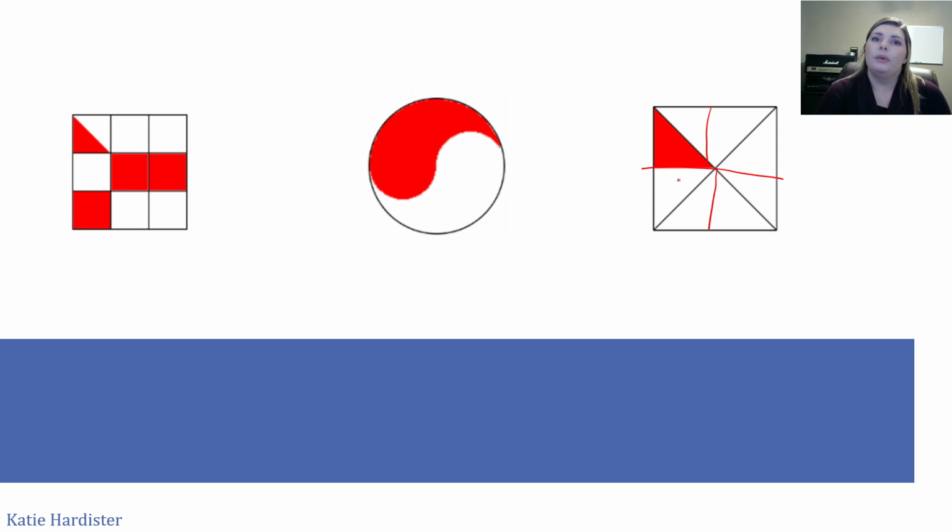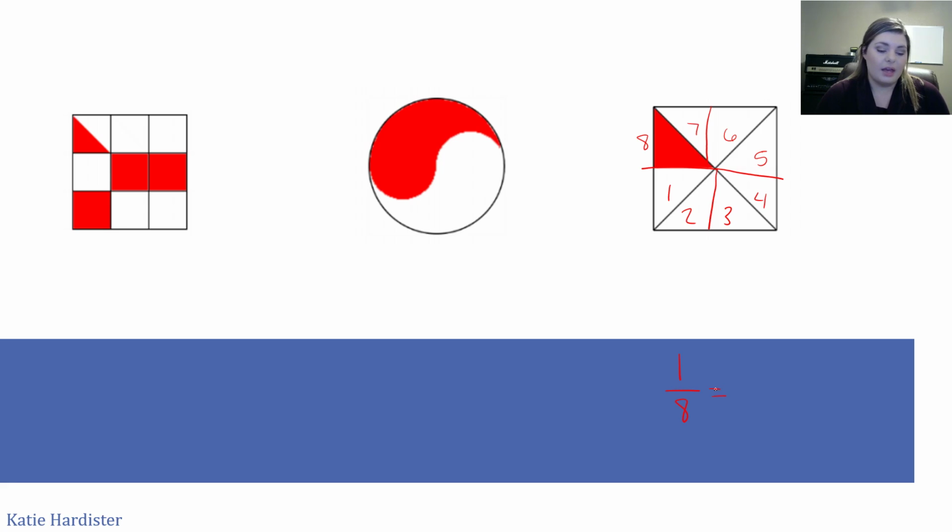We know that we're trying to cut them down the middle. And then we can count. So we can say 1, 2, 3, 4, 5, 6, 7, 8 sections. So I could say that 1 out of the 8 sections is shaded red.